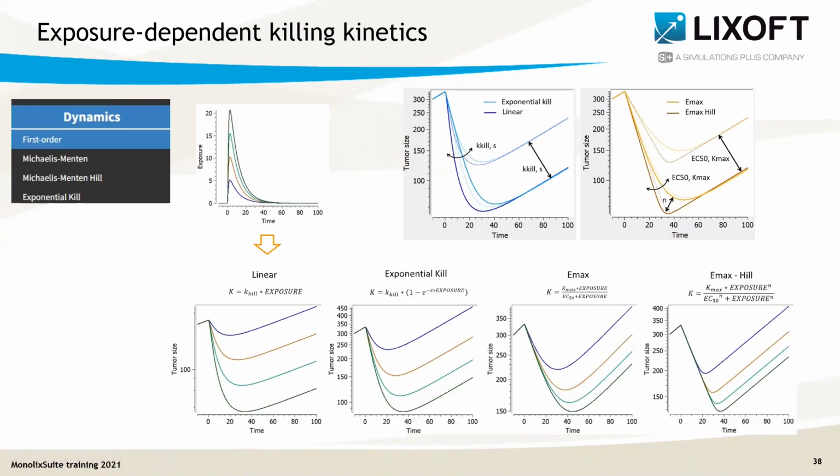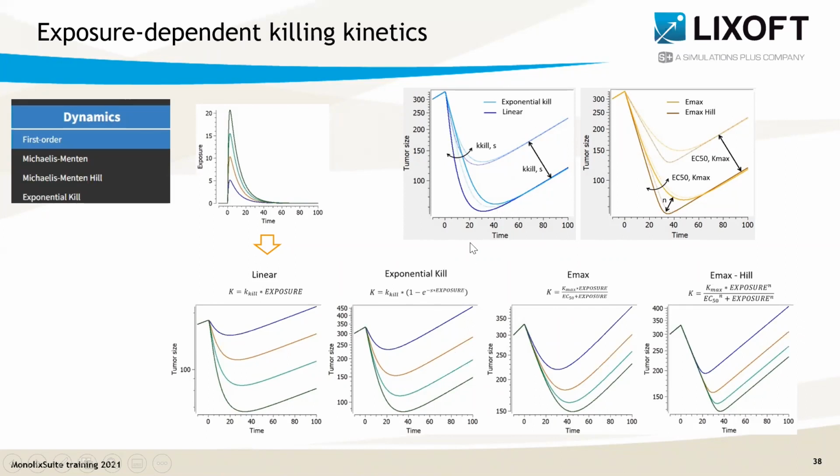And we can see that in the first kinetic, corresponding to the first order kinetics, the treatment effect is linear with exposure. Then for the exponential kill, this is an exponential relationship between exposure and treatment effect. So it induces some more flexibility in the curve for the inhibition.